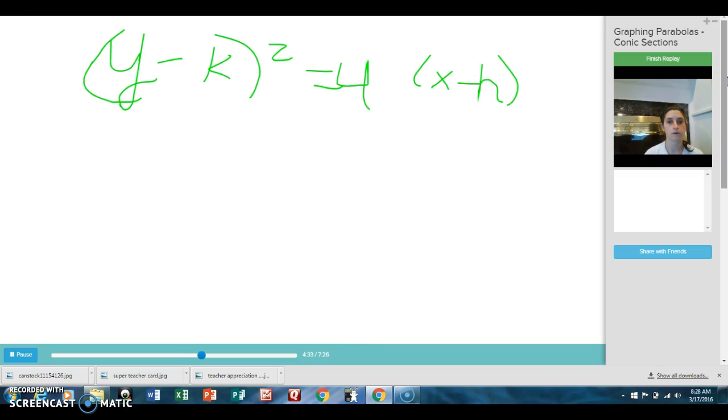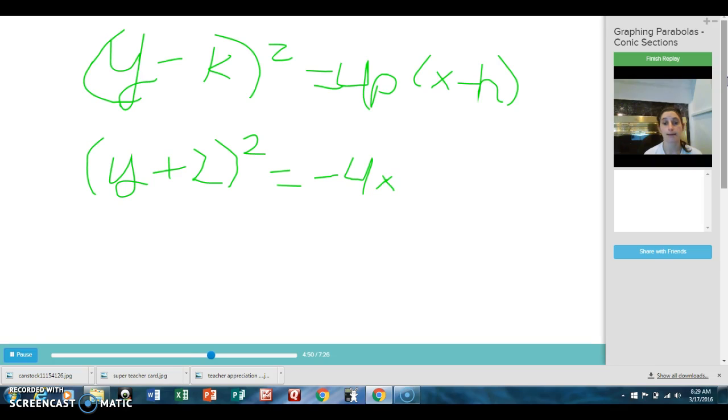Let me grab my eraser real quick and erase this crazy line. Okay. Here's the equation I'm going to choose. I'm going to do y plus 2 squared equals negative 4x.